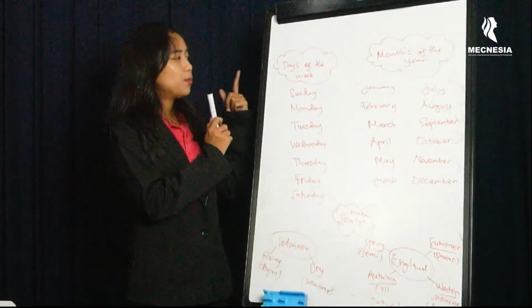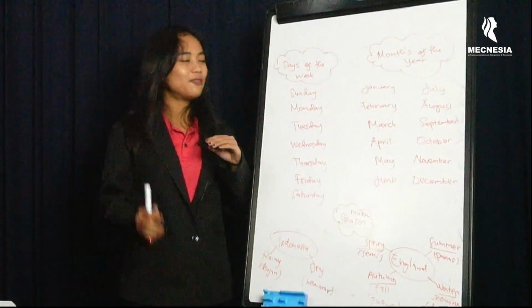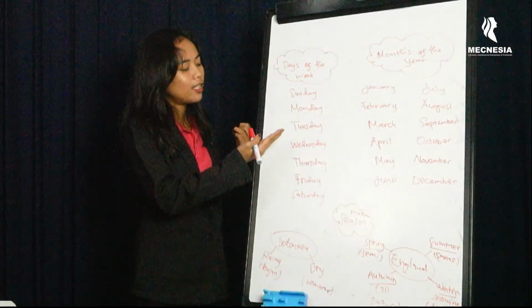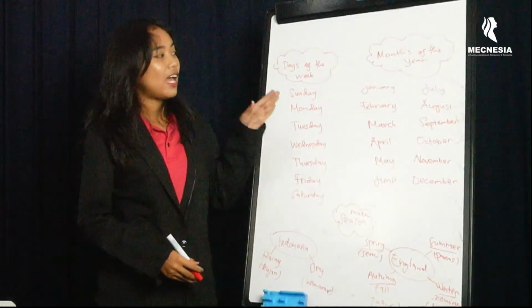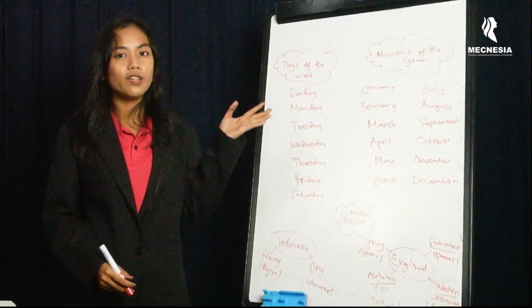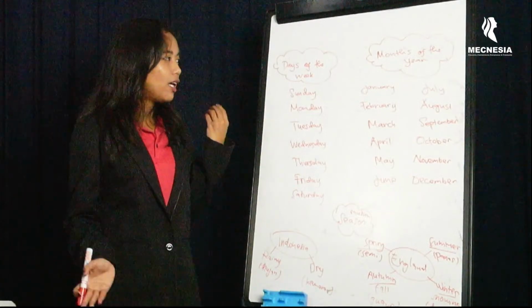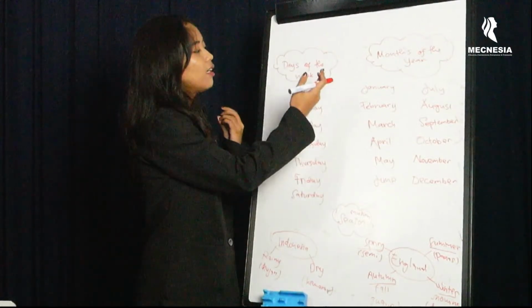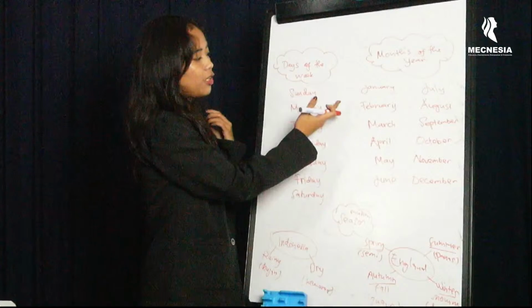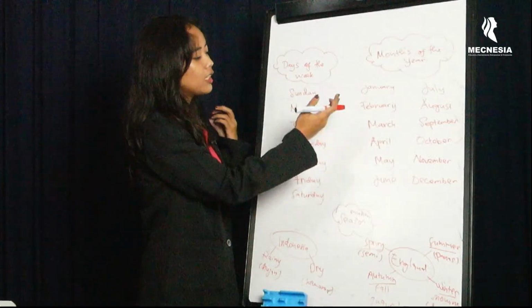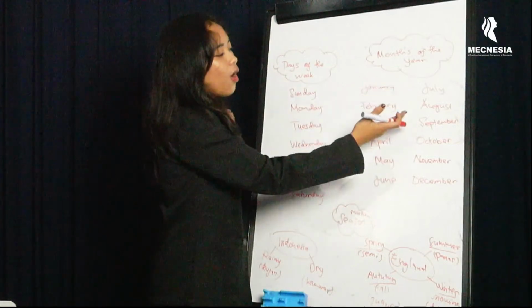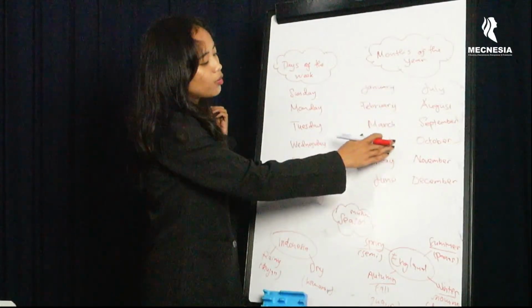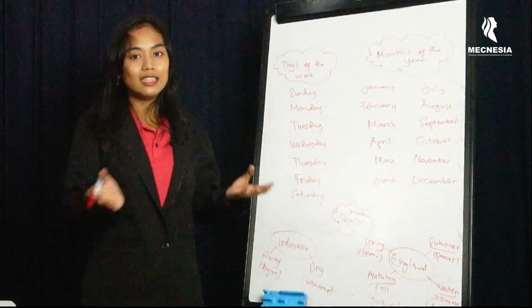Next, the days of the week. There are 7. Sunday, Monday, Tuesday, Wednesday, Thursday, Friday, Saturday. And the last, months of the year. Nama-nama bulan dalam setahun. We have 12, ada 12. January, February, March, April, May, June, July, August, September, October, November, and December.